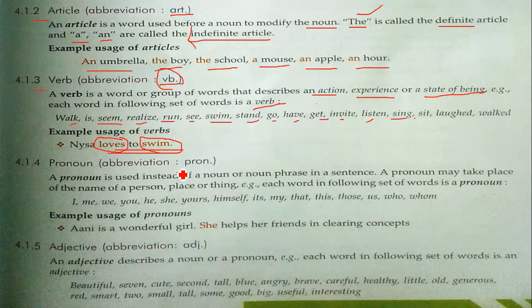Now pronoun. The abbreviation of pronoun is PRON dot, and a pronoun is used instead of a noun or noun phrase in a sentence. A pronoun may take the place of the name of a person, place, or thing. Each word in the following set is a pronoun: I, me, we, you, he, etc. Like, Ani is a wonderful girl.